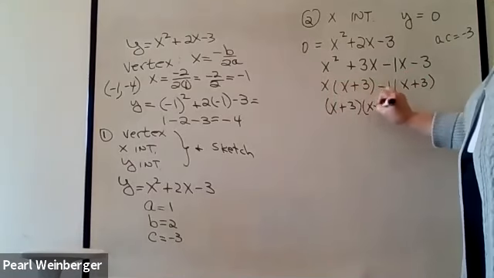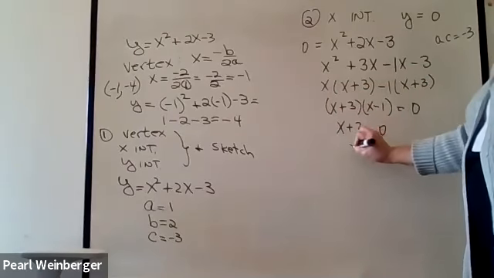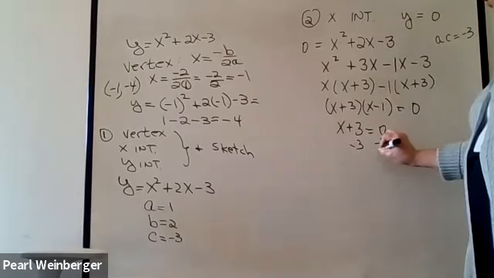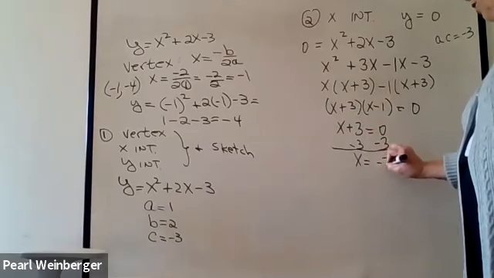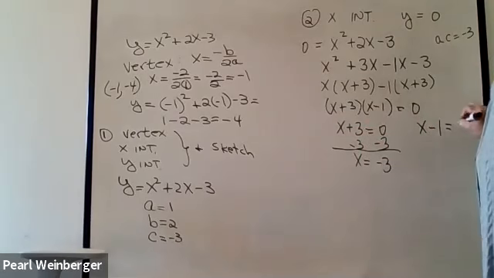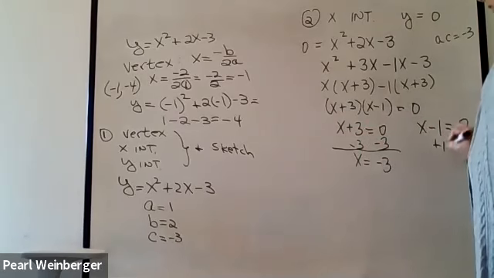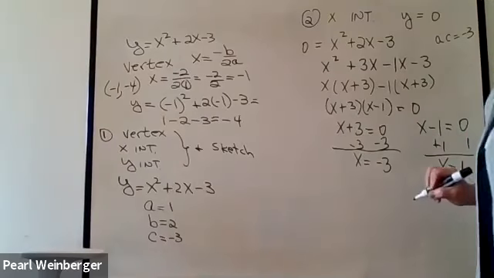Those are equal to 0. So x plus 3 equals 0 gives me x equals -3. And x minus 1 equals 0 gives me x equal to 1.